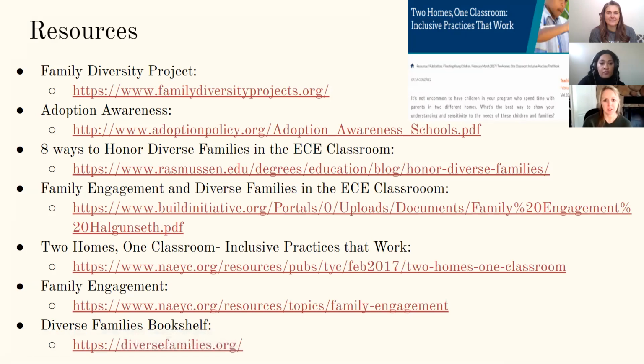Some resources are the Family Diversity Project. There's also Adoption Awareness, which gives a lot of different activities. And there's 8 Ways to Honor Diverse Families in the EC Classroom that basically gives some strategies and tips. The Family Engagement and Diverse Families in the EC Classroom, this is from Build Initiative, and it provides a lot of different strategies and activities as well.